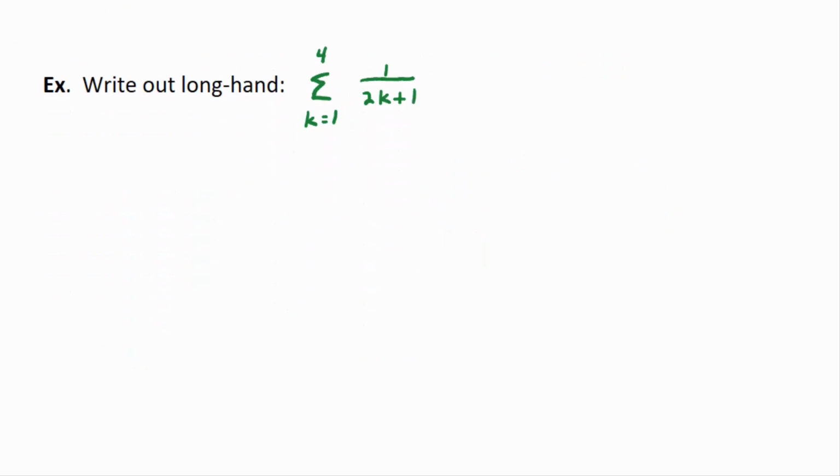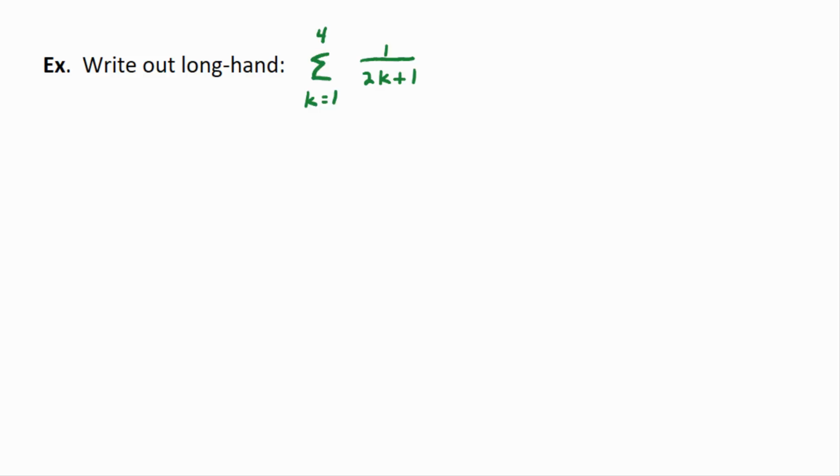Okay, so let's write this out longhand. The sum from k equals 1 to 4 of 1 divided by 2k plus 1. Notice I changed the index on you. I called it k instead of I. It doesn't matter, because once we write out the sum longhand, the index disappears. That letter is called a dummy variable also because it disappears. And the upper limit, the thing we called n in the generic definition, is now 4.